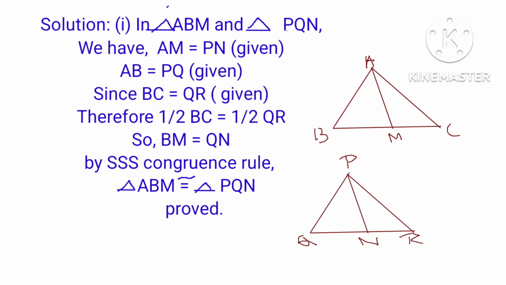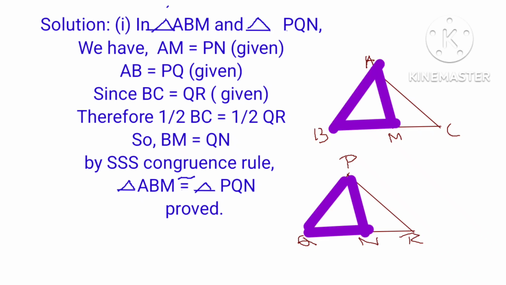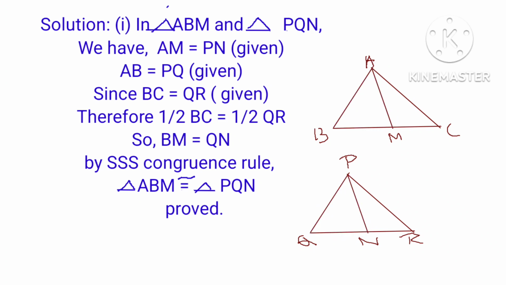Solution 1. In triangle ABM and triangle PQN, we have AM is equal to PN, AB is equal to PQ, given. Since BC is equal to QR, given, therefore half of BC is equal to half of QR. So BM is equal to QN. By SSS congruence rule, triangle ABM and triangle PQN are congruent, proved.